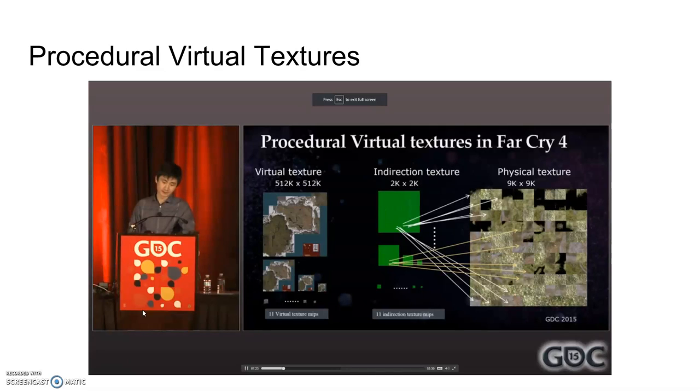After getting the information for the virtual pages, we then output a page index map into a full screen render target called the page ID buffer.